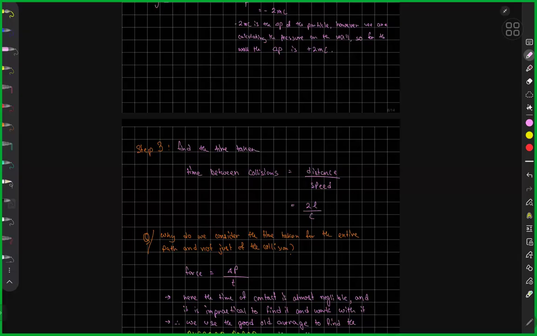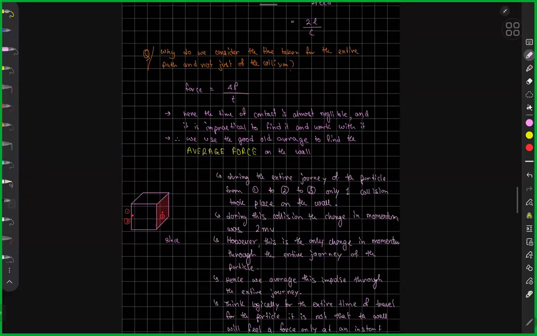Why? Because we consider the time of collision to be negligible, zero. So we take the time it takes for a particle to go from one end of the box to the other end and come back. This is the time we take for the change in momentum that takes place at the wall. So (mv minus mu) by t, you know what this time is?